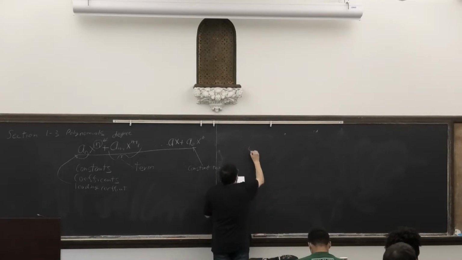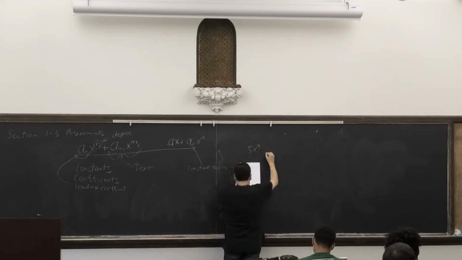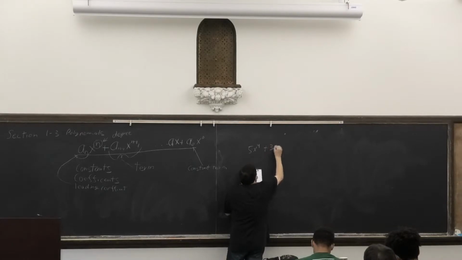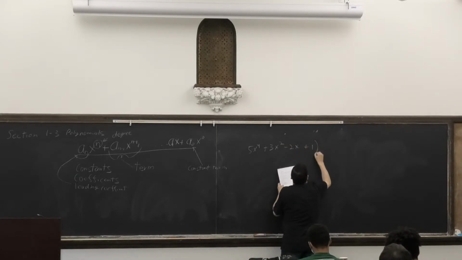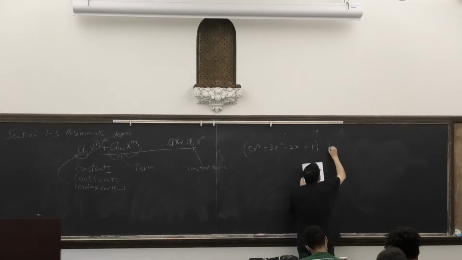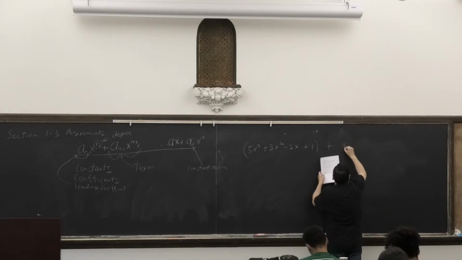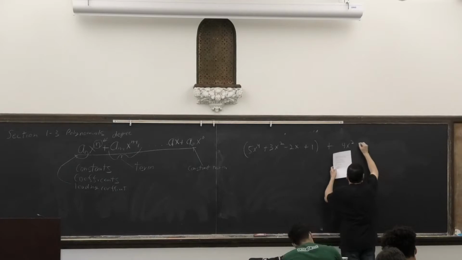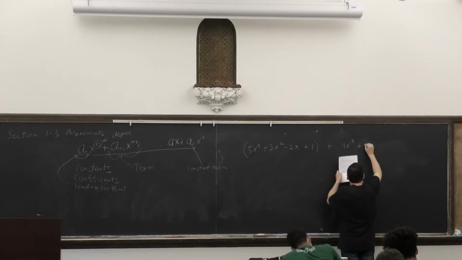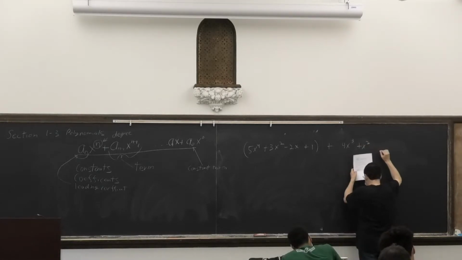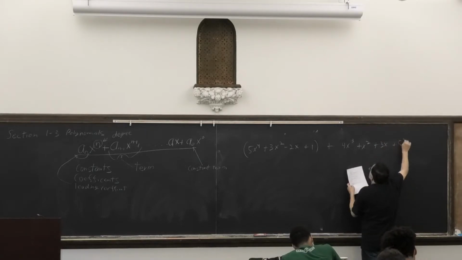So here's an example of x to the 4th plus 3x squared minus 2x plus 1. And I want to add that to 4x cubed plus x squared plus 3x plus 5.